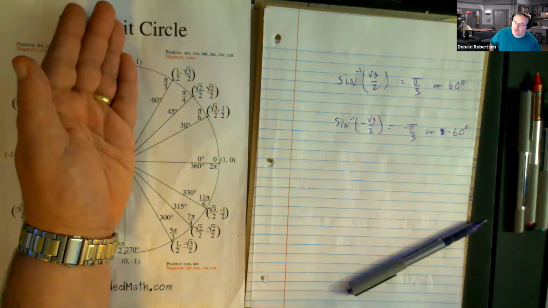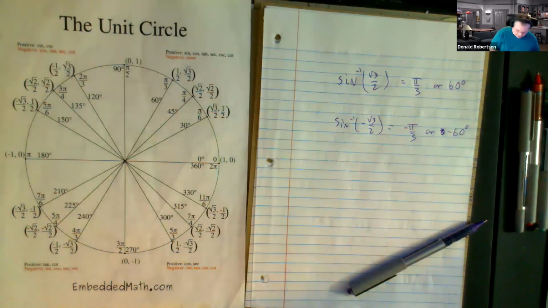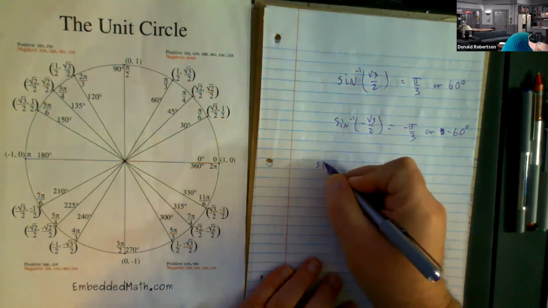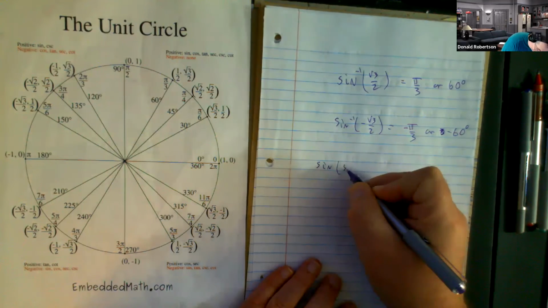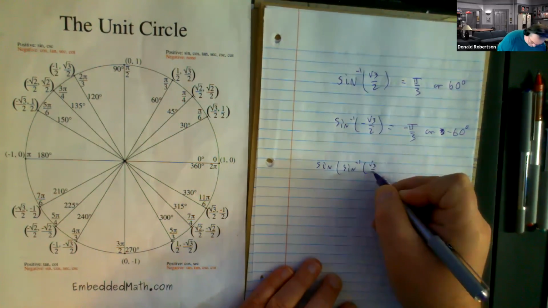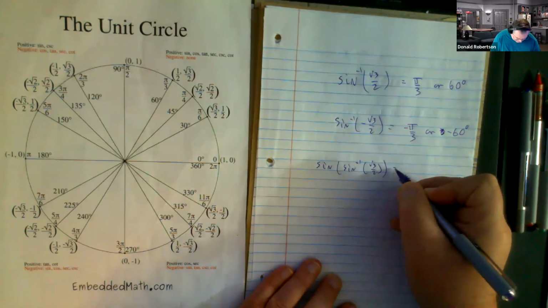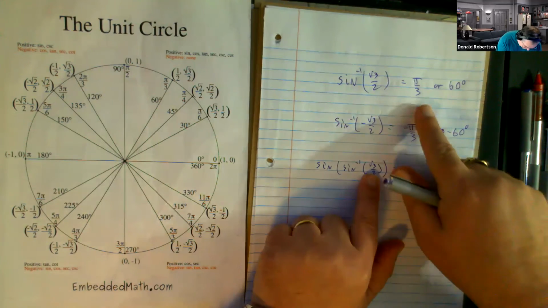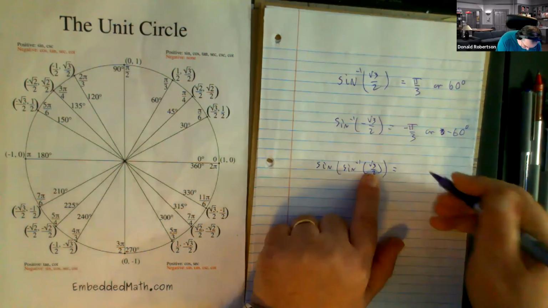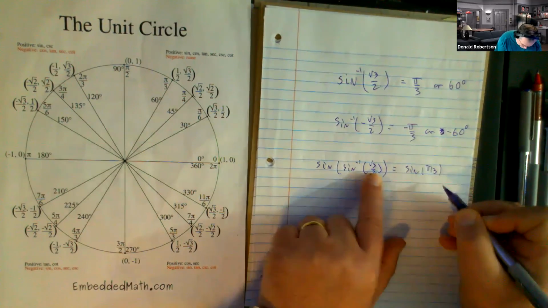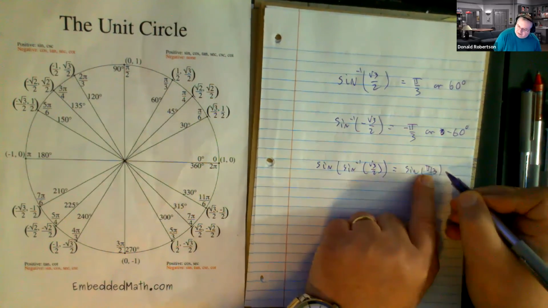So if you do a sine of an inverse sine, you have to be a little bit careful about this. So if I said to you the sine of the inverse sine of root 3 upon 2, that guy gets you pi upon 3. And the sine of pi upon 3 is root 3 upon 2.